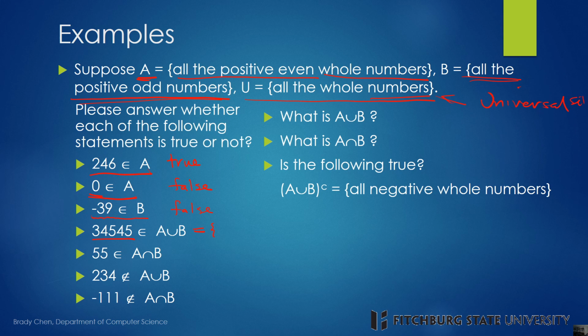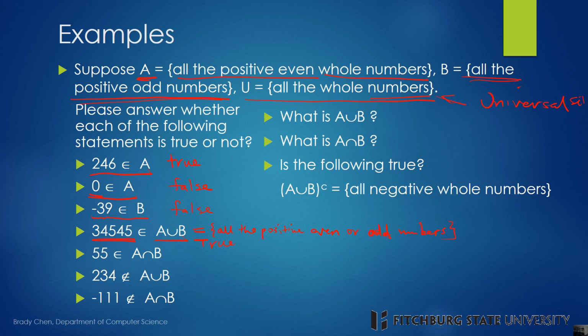So that means all the positive even or odd numbers. So as long as that number is positive, it doesn't matter whether it's even or odd. It should be in A union B. So the answer is true, right?